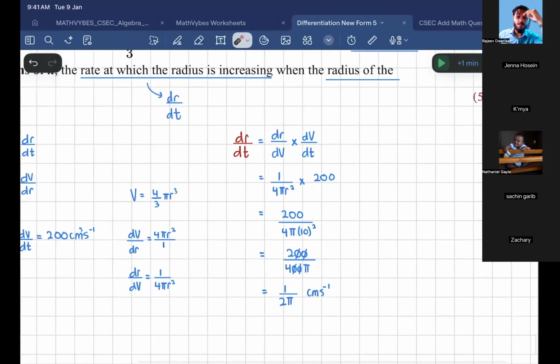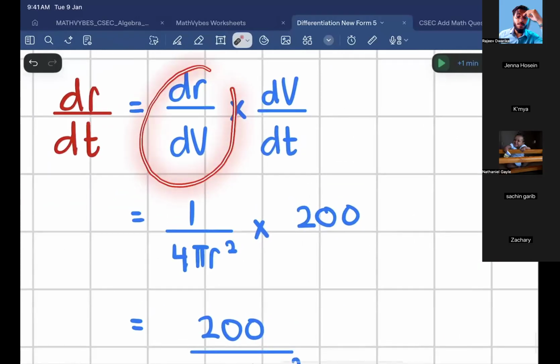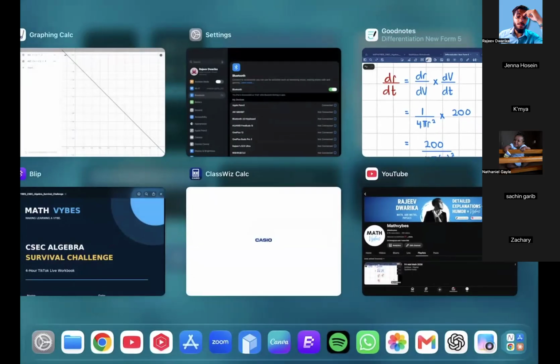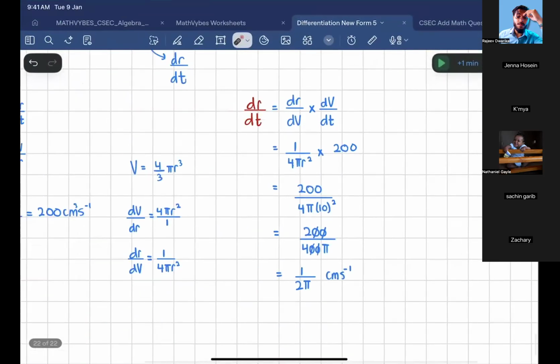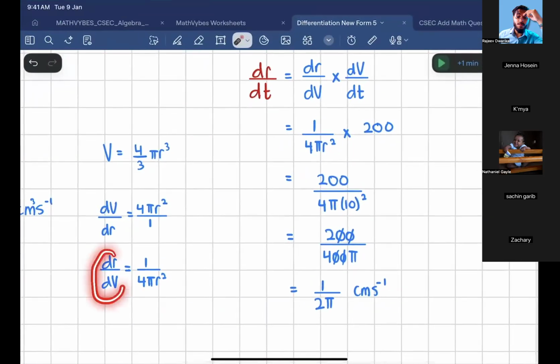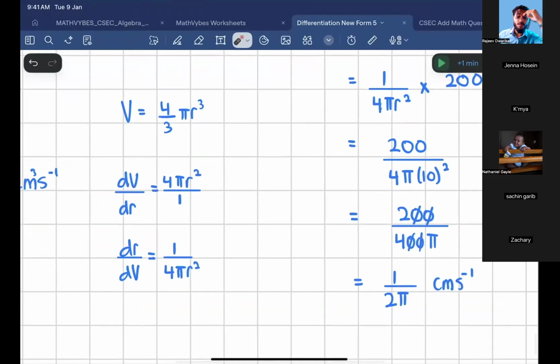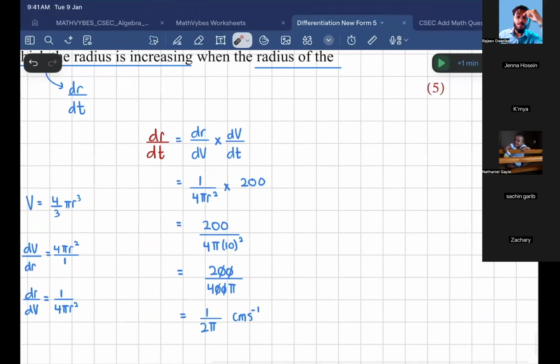But in the question, you have to find dr/dV. A way to make the connection is that dr/dV is just the reciprocal of this. That's all. So you just flip it. So dr/dV is 1 over 4 pi r squared.